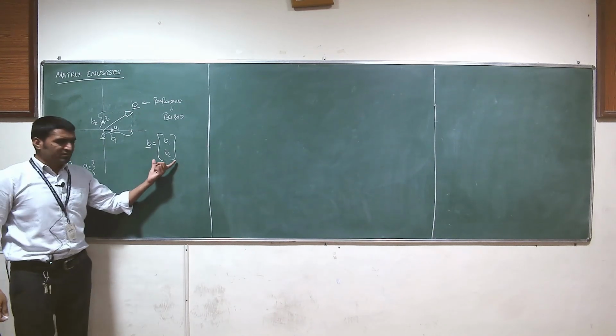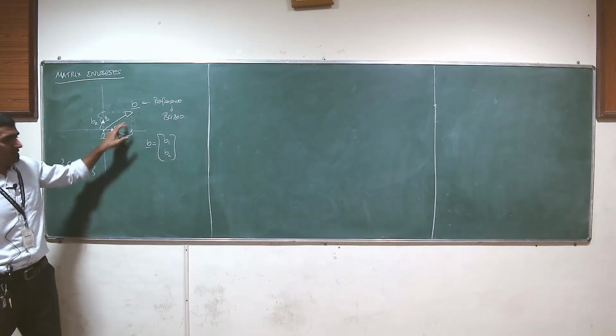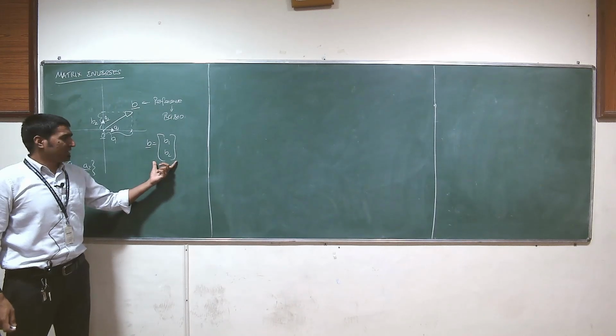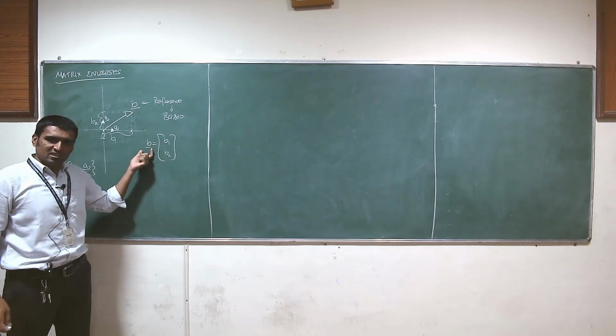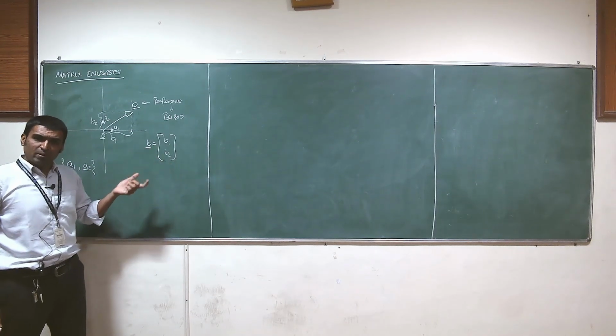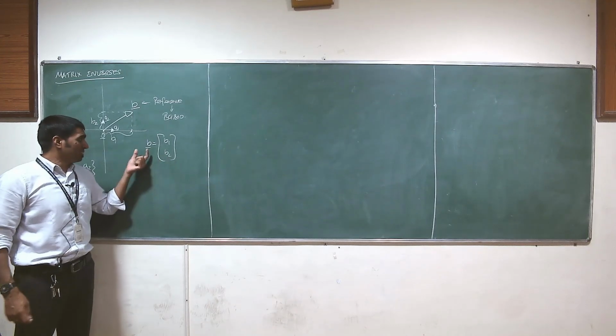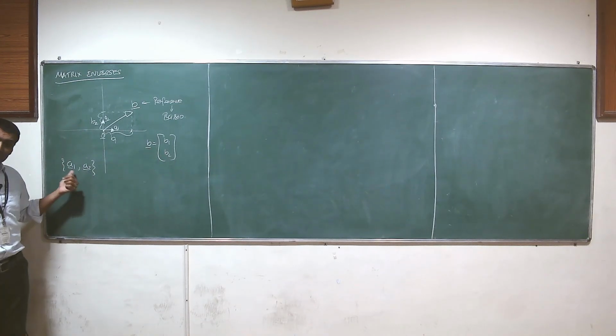So these numbers that I've written down for this vector, in fact, I should not say these numbers represent this vector B. I should be a little bit more specific. These numbers represent this vector B with respect to this basis.